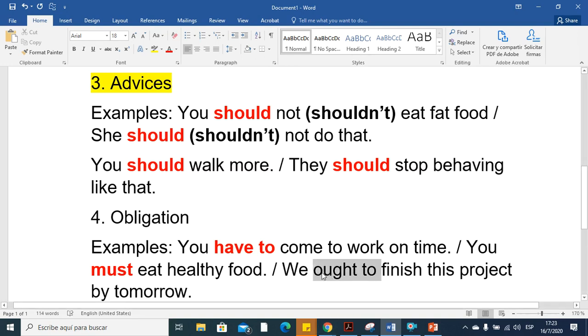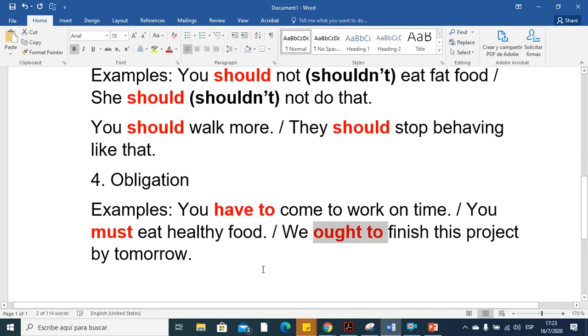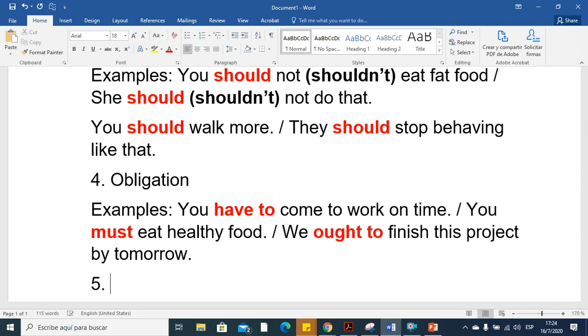As I said, this is very uncommon. It's only used in very old literature, and not commonly in general conversations. But we ought to finish this project by tomorrow. It means you have to finish that project. You should, you have to, it's an obligation. You ought to. Those are the examples with obligation.